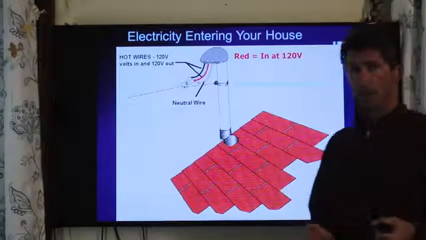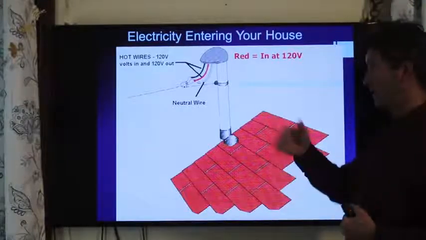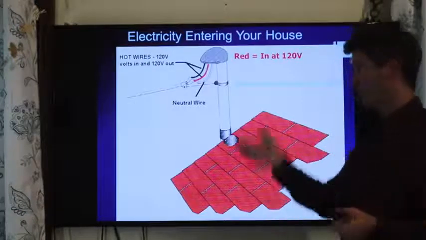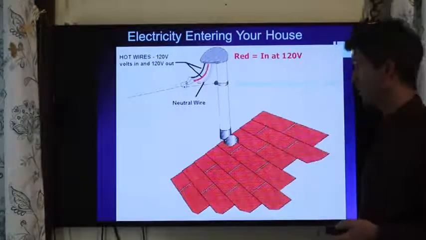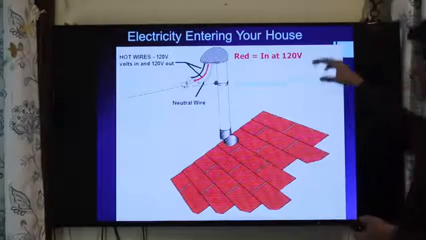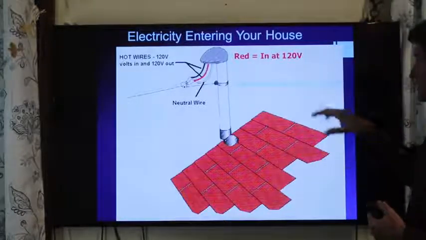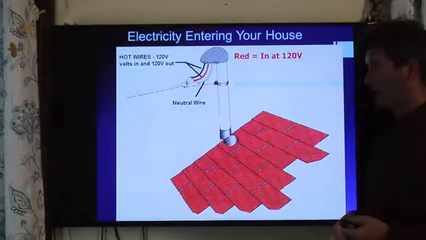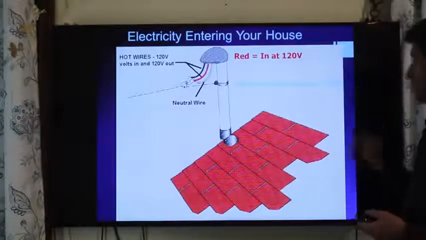Oftentimes they're now using aluminum wire. You won't see a red, black, and white wire. But the old copper wires would typically be color-coded like this. And again, the red was in at 120 volts, the black was in at 120 volts, they were out of phase with one another, so the potential difference was 240.